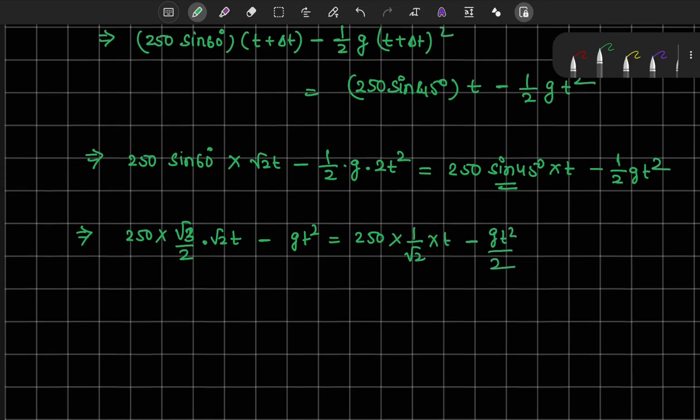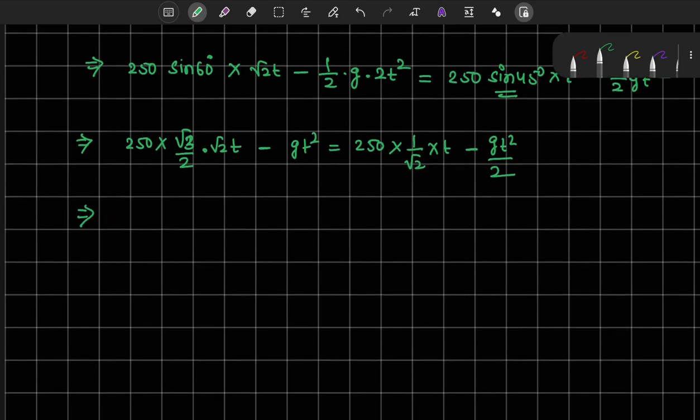If we calculate 250 into root 3 divided by root 2, we get 306.19 t minus g t square by 2 is equal to 250 divided by root 2, which is 176.78 t.